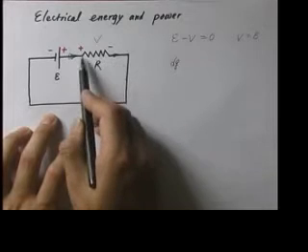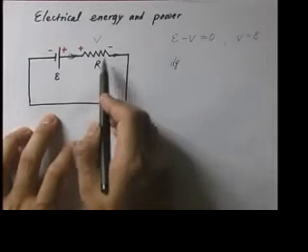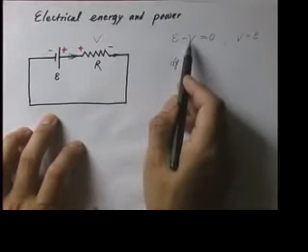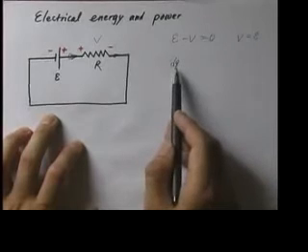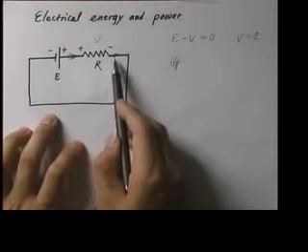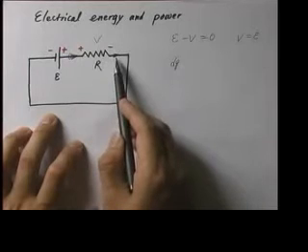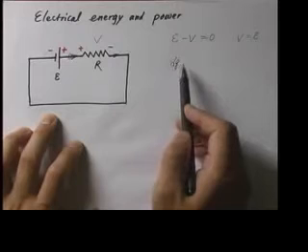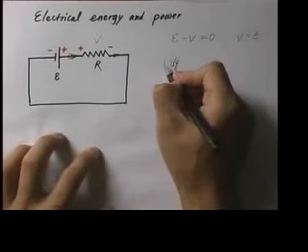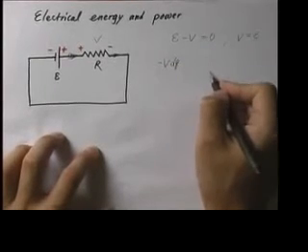Now, here the potential drops, right? The potential drops by an amount V. If the potential drops by an amount V, and you take this much charge to go through a potential difference of V, dropping by V, what happens to the potential energy of this much charge? Well, that would be, by definition, negative V times dq.